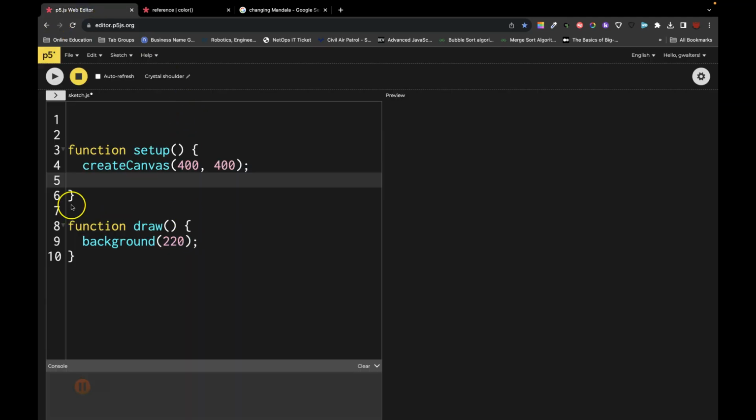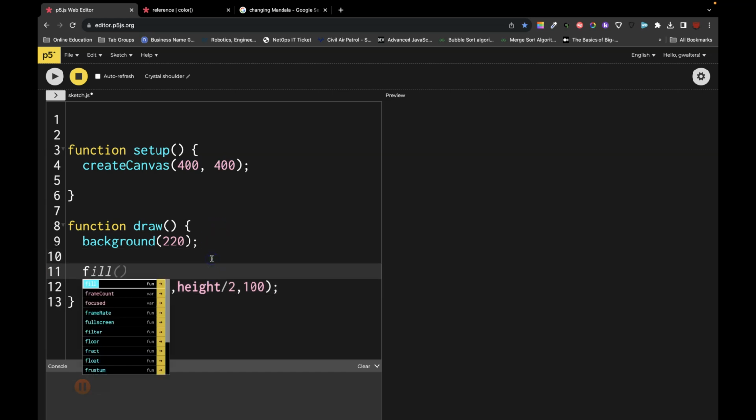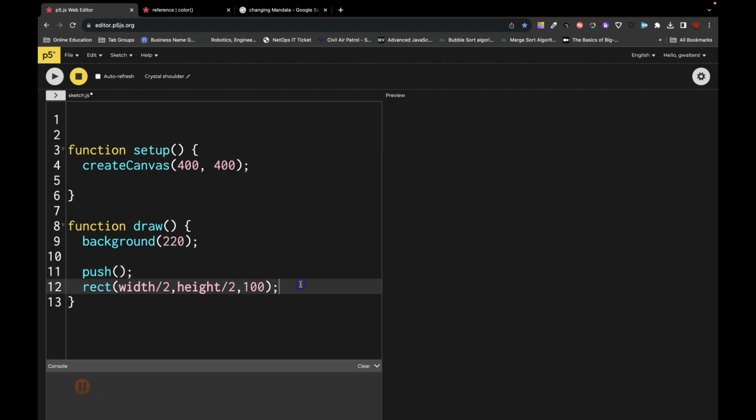So that being said, just to show you what that looks like, let's go into the draw, and I'm going to draw a rectangle at width divided by 2, height divided by 2, and let's give it a size of 100. It's going to have a fill color. Let's just use push and pop.